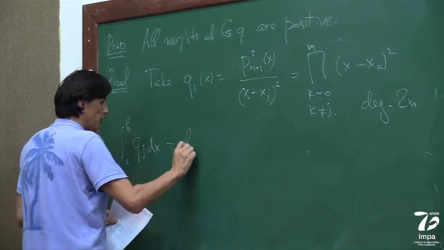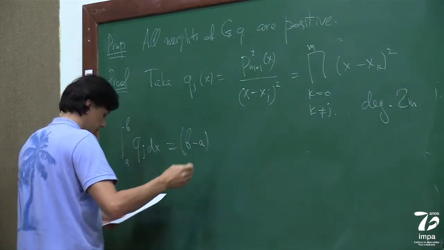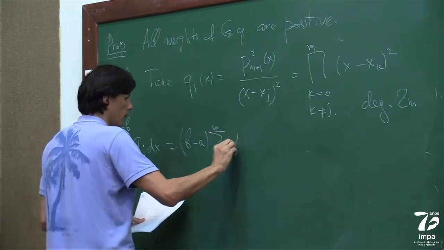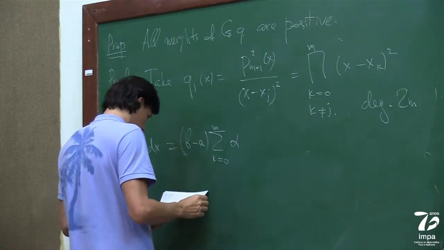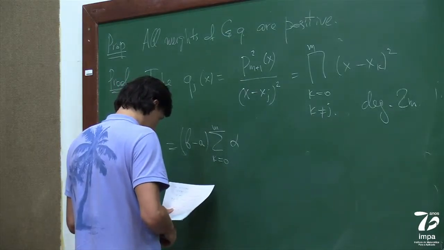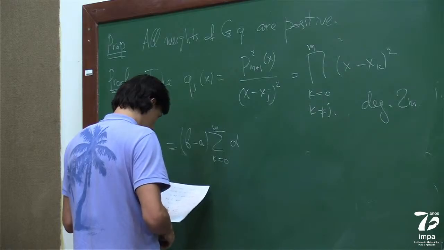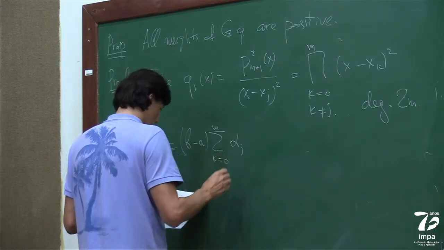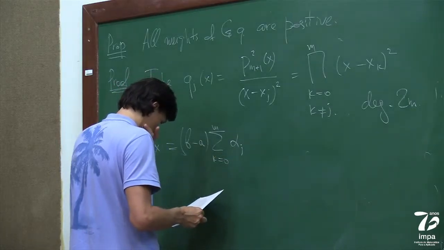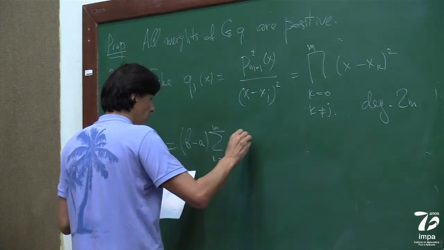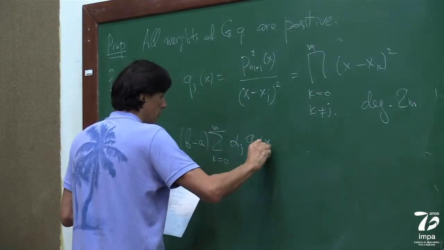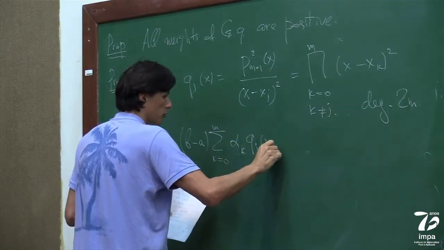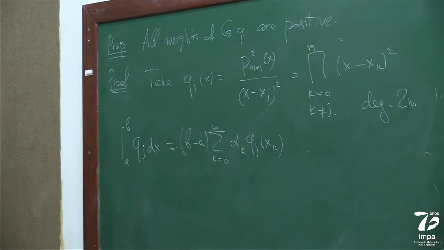So we know that it should be b minus a times the sum of the coefficients by the values of Qj at the points, coefficient k at point k, like this.